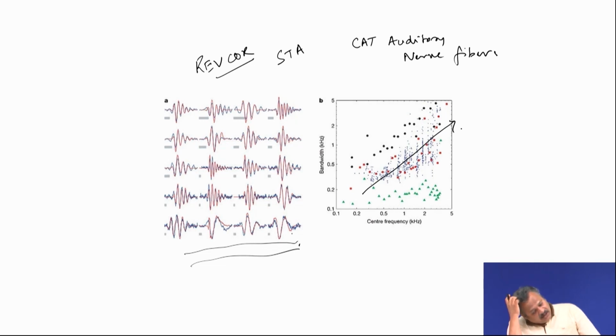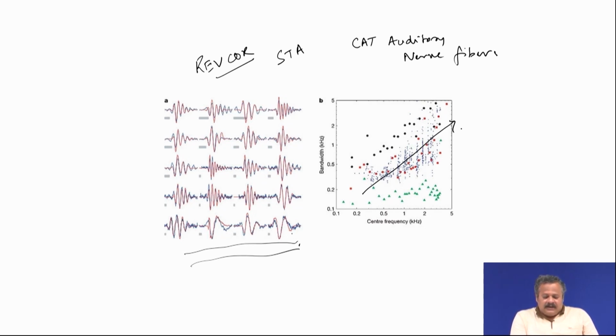So, in general, the bandwidth is increasing with increasing center frequency, and the Q values can be represented for each of these kernels and overlaid with the auditory nerve fiber Q values, or bandwidth versus center frequency values. Those are the blue dots for the cat, and the red dots represent that for the functions that were derived from natural sounds.